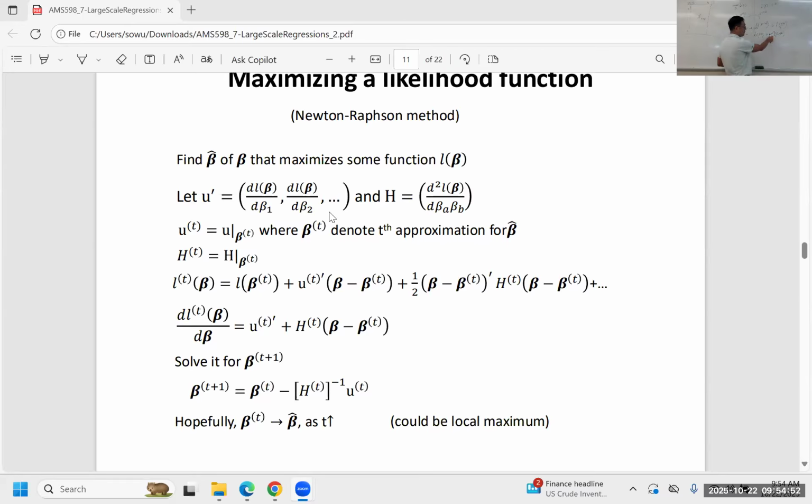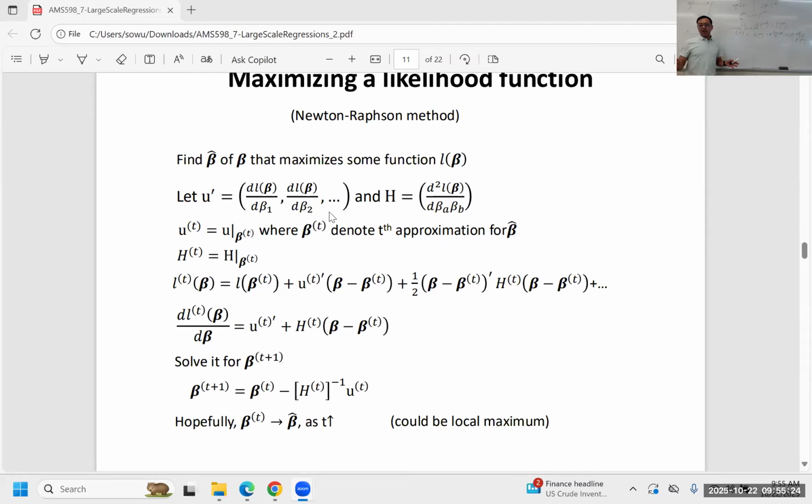U prime is a vector, and beta minus beta t is also a vector. Now the second order derivative is plus 1/2 of beta minus beta t transpose times the second order derivative, which is going to be this H function, times beta minus beta t, plus some remaining term.